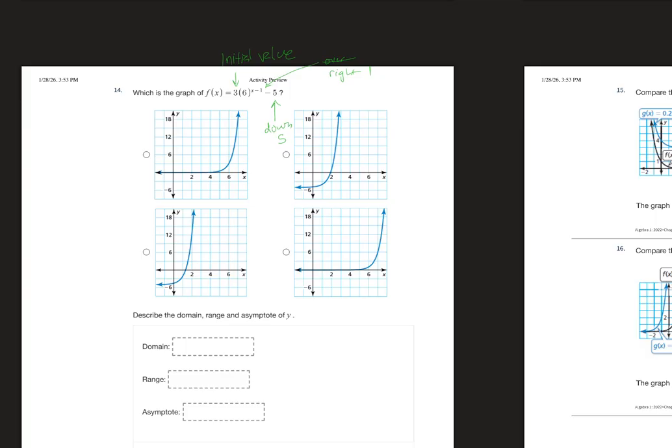Okay, so 3 gets moved down 5. So let's see, that's 3, that's 3, that's 3. They're counting by 3s on this. So if 3 gets moved down 5, that would be -2, right? So, I mean, my goodness. So it's either this one or it's this one, yeah? It's moved to the right 1.